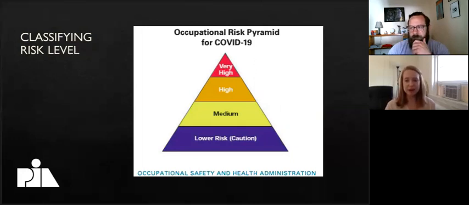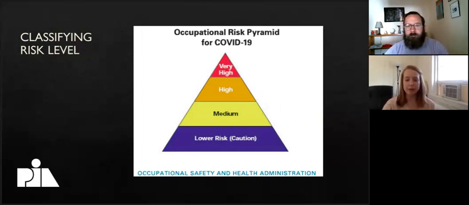Medium risk are people who require frequent or close contact with people who may but are not known to have COVID-19, especially in areas where there's community spread. So this would probably be more your grocery store workers, or an agency that depends a lot on walk-in business or people walking into your agency to pay their premiums.